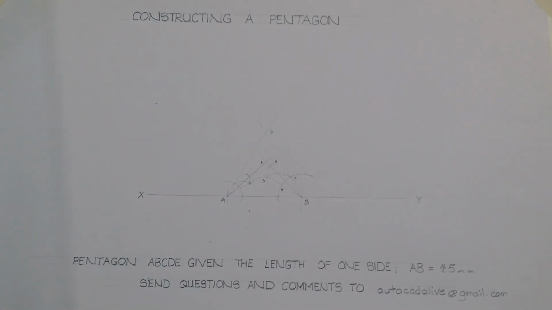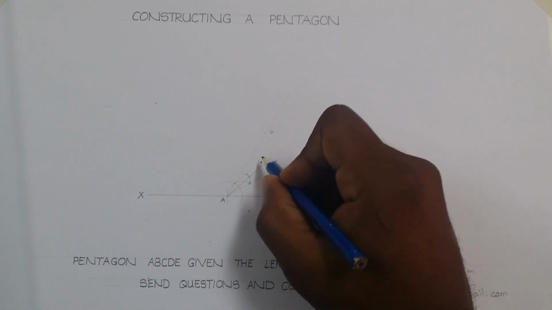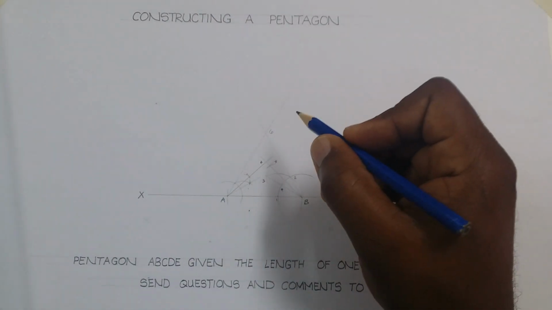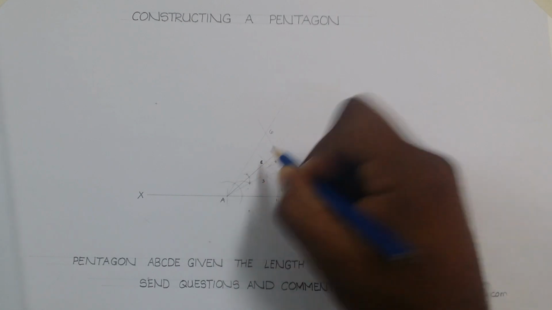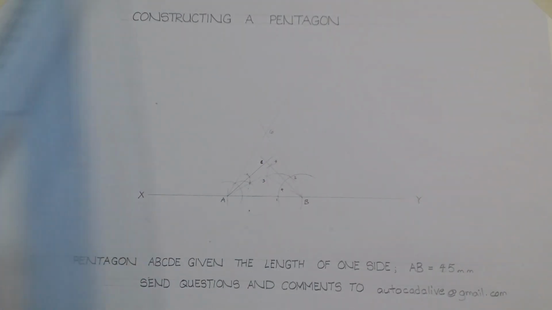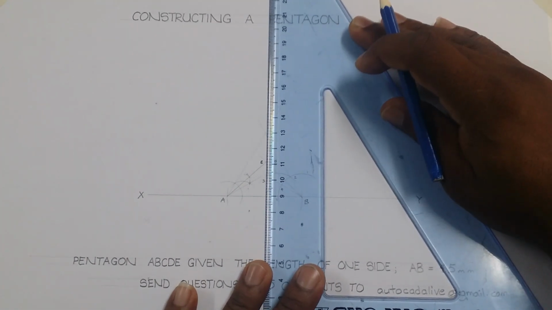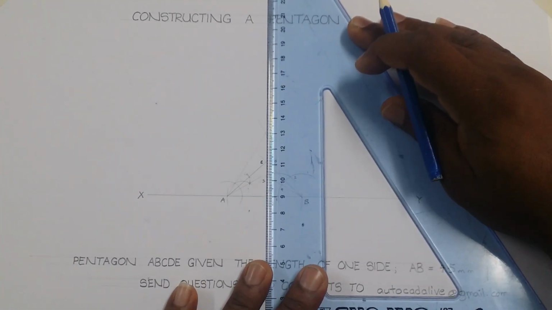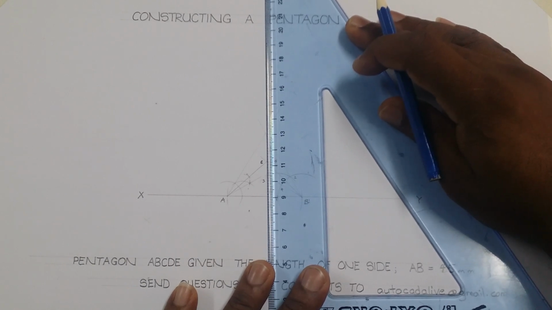Okay, let's label it point C. Yeah, let's label that point C. 6 and C. So at point 6 and point C, we are going to join these 2 points with a vertical line.